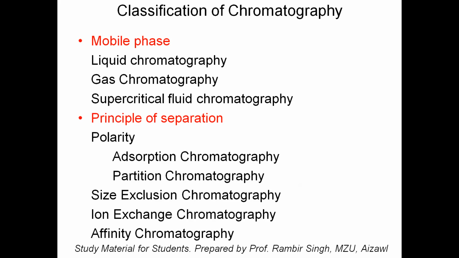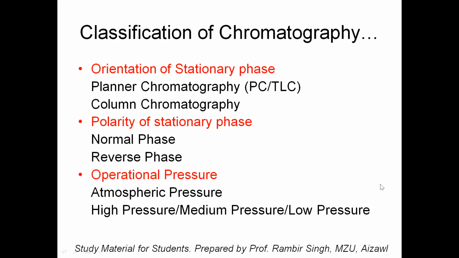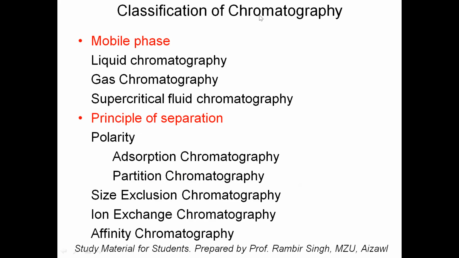A solid can be easily made a stationary phase. But how to make liquid a stationary phase? Do you have some idea?